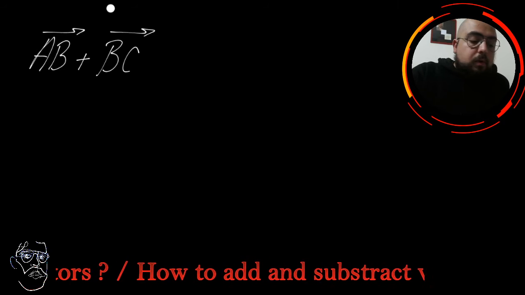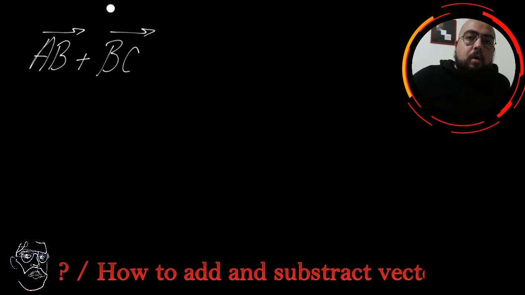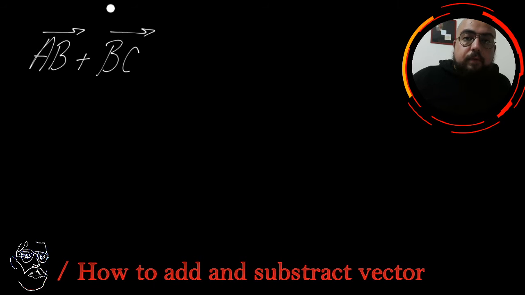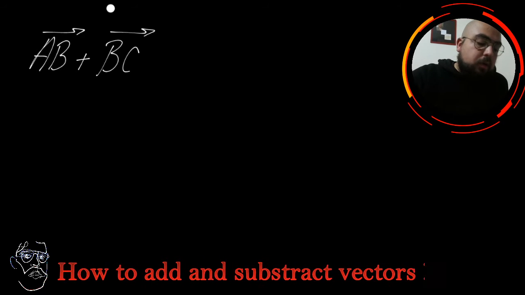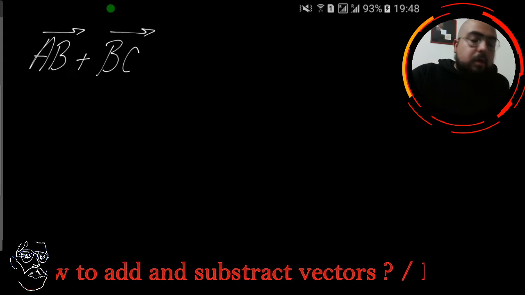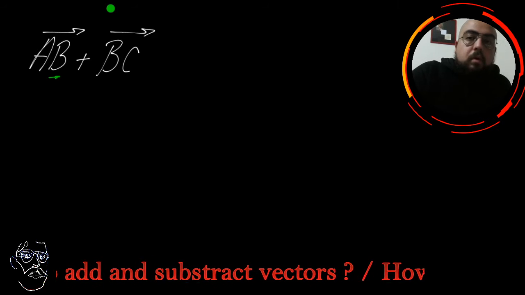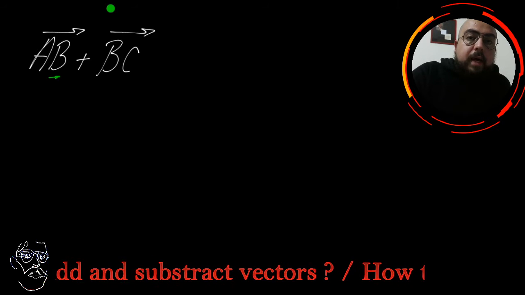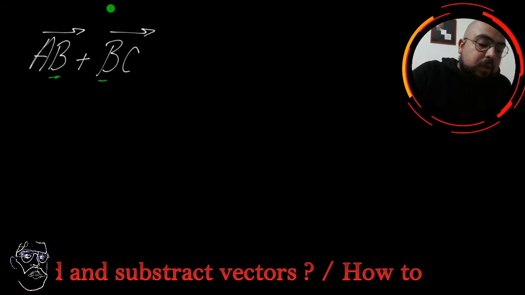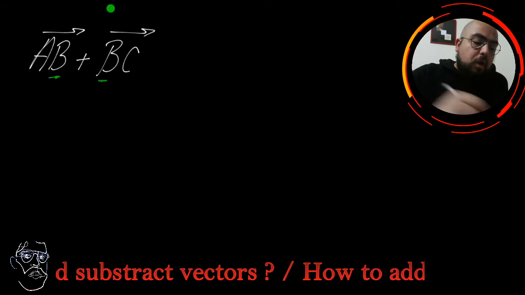This is when the two vectors you are adding are consecutive vectors. What do I mean by consecutive? It's very simple. It means that the first vector has its terminal point B, and the second vector has its initial point B, so these vectors are considered consecutive vectors.